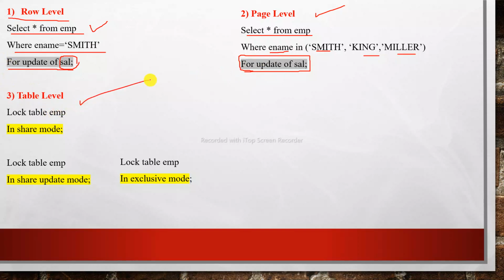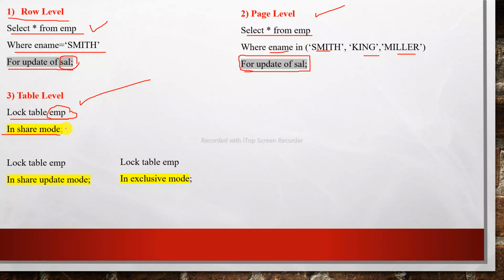Next we have table locking. So what is this table locking? With lock table, we are directly locking the whole table. So lock table, we are interested in locking the employee table in share mode. So what is this share mode?